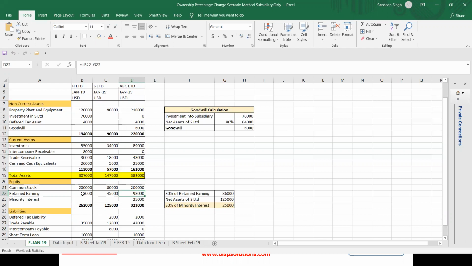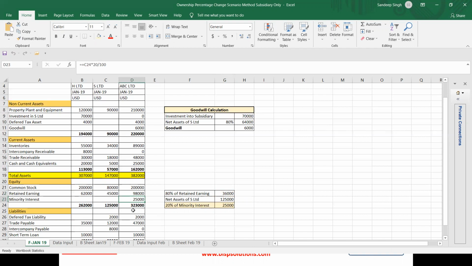So the 62,000 is of the parent entity. If I calculate 80% of 45,000, this amount is 36,000. So this is my retained earnings number, 62,000 plus 36,000, 98,000.